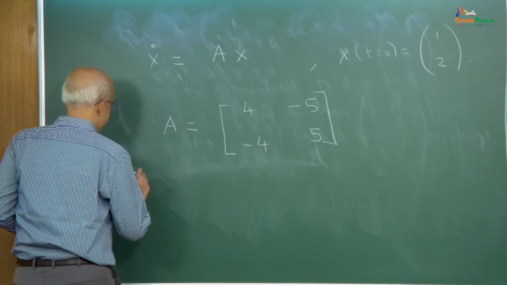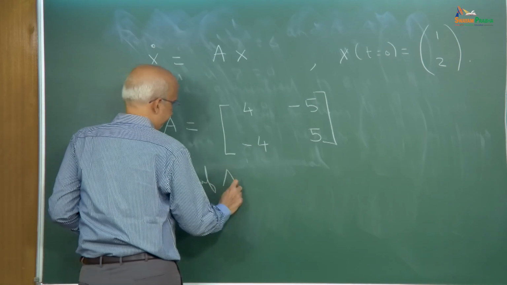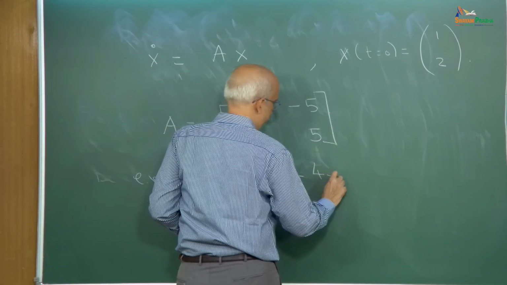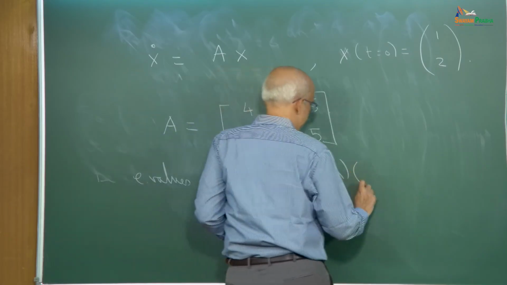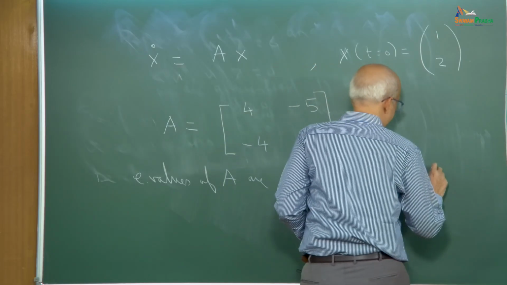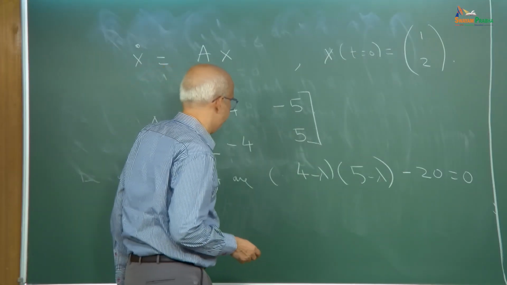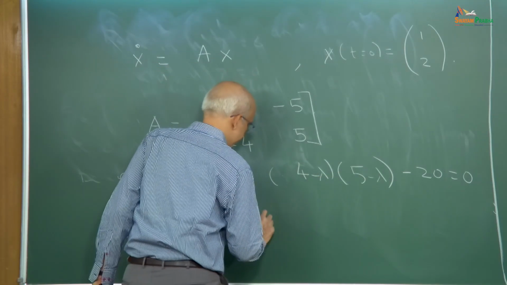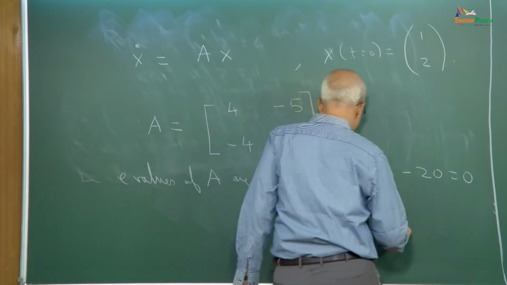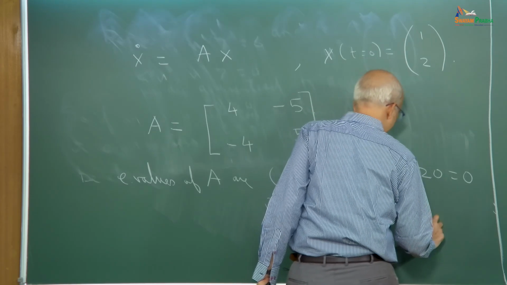The eigenvalues of A are given by 4 minus lambda multiplied by 5 minus lambda minus 20 equals 0, okay, and this gives me lambda squared minus 9 lambda equals 0, or lambda equals 0 and 9.